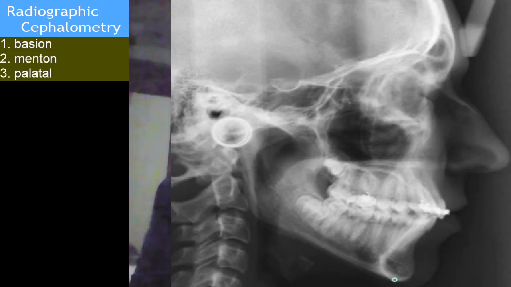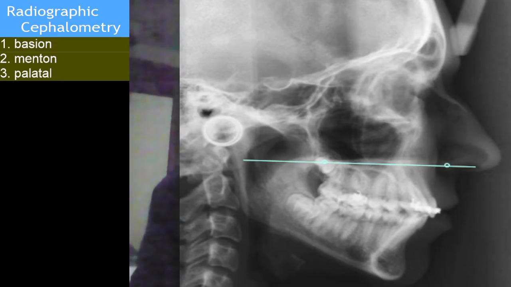Last is the palatal line. It is joining between the anterior and posterior nasal spines.